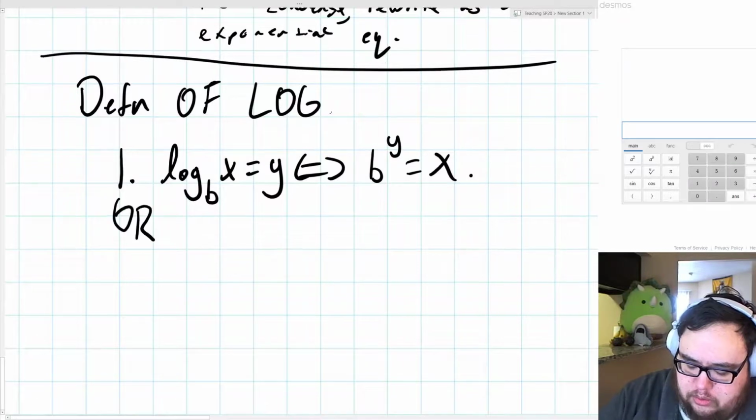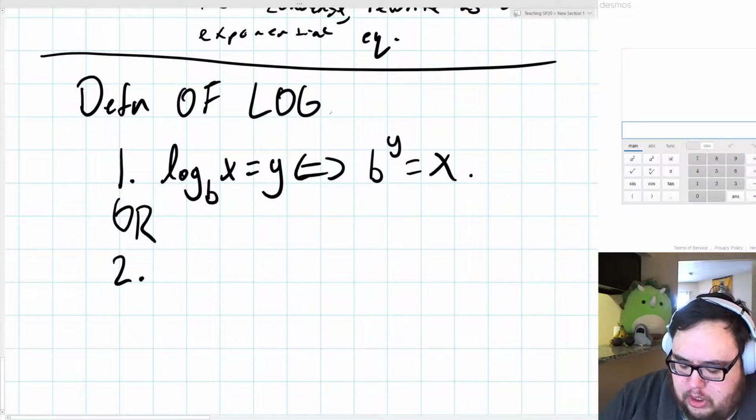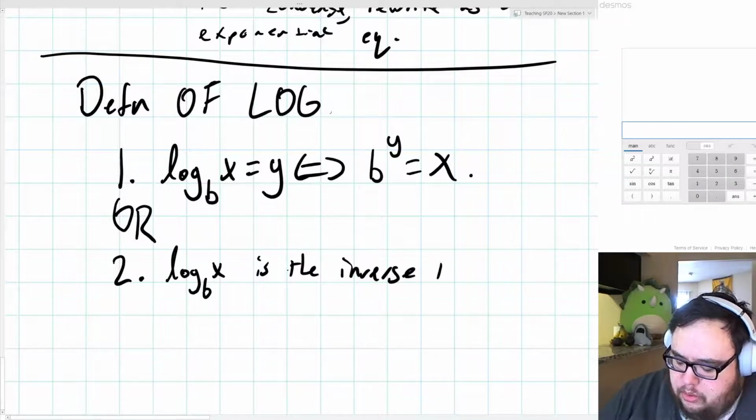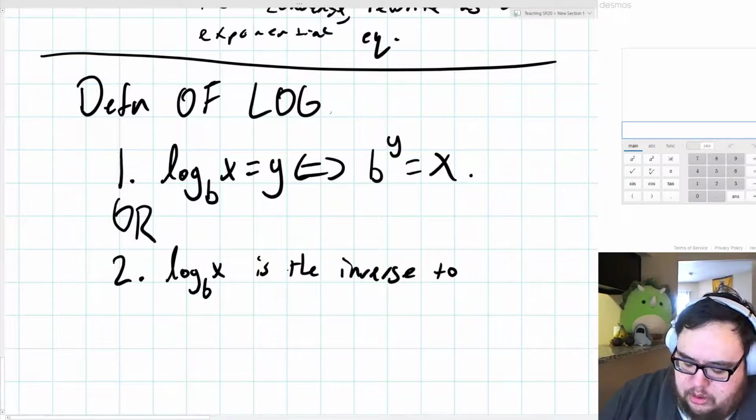Or two, log base b of x is the inverse to, so let me, hold on.